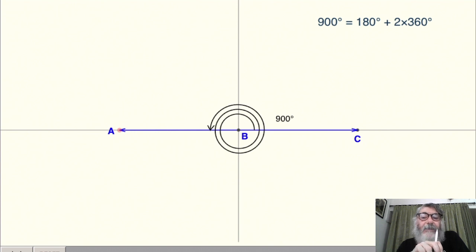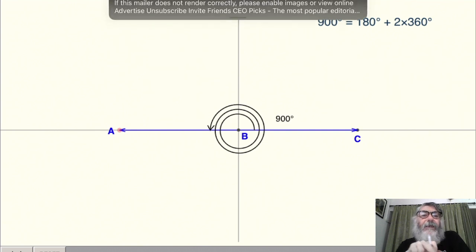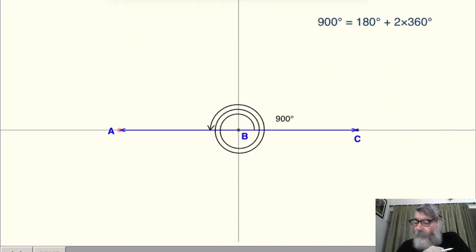If you divide 900 by 180, it will come 5. So it becomes 5 into 180 or 5 pi. So along OX dash you get odd multiples of pi. Now let me rotate it further.